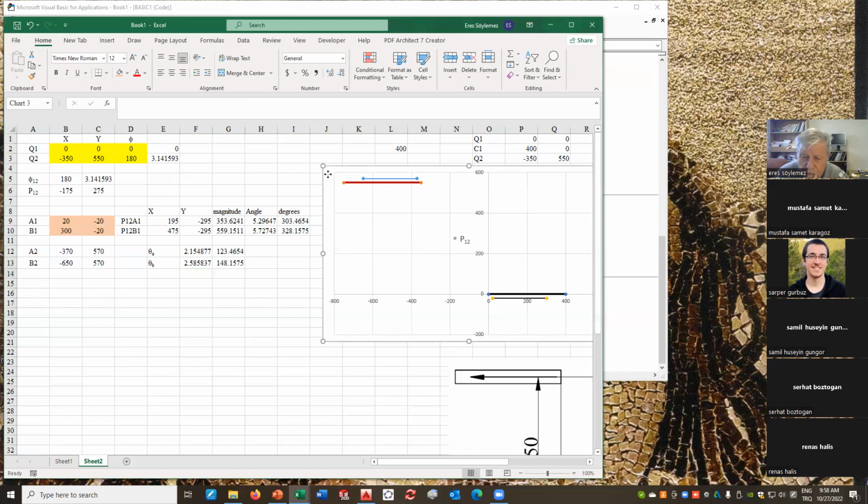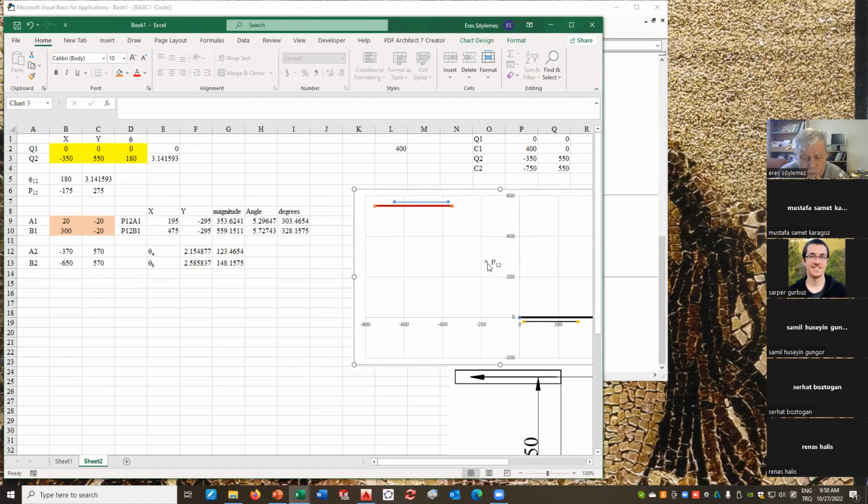Now, in order to show I have one point on the perpendicular bisector, I know all the perpendicular bisectors are going to pass through P12. I will draw a line like this. Let me take some length. Over here, I will take 500.